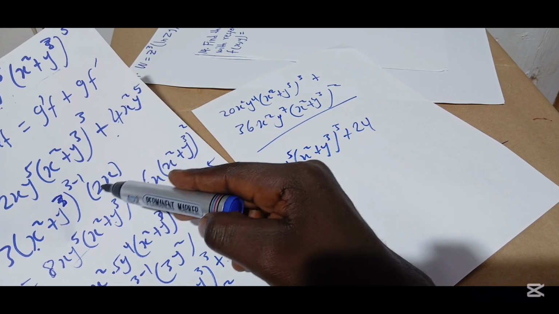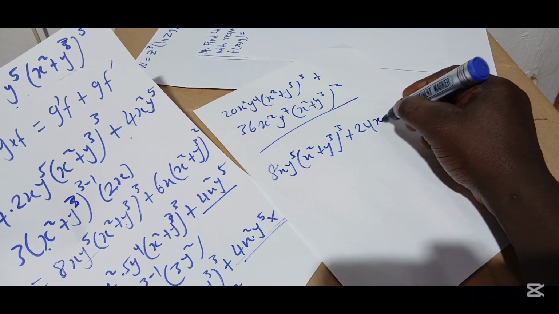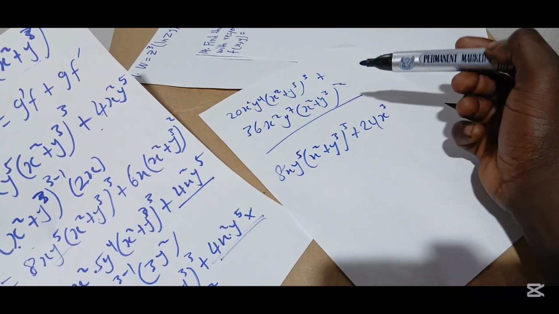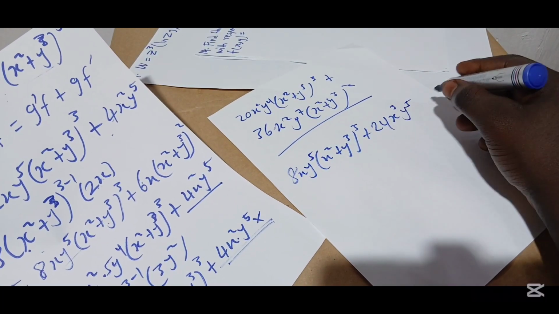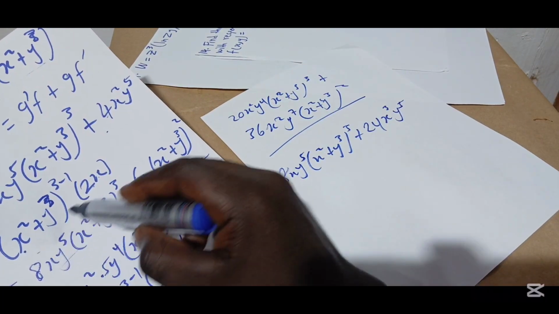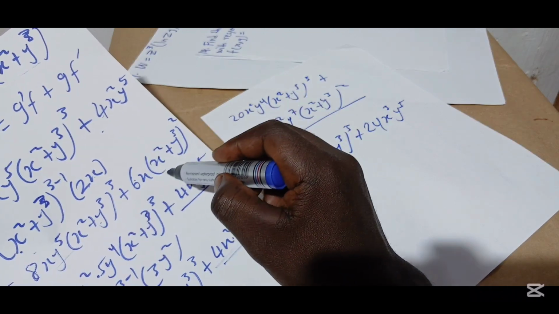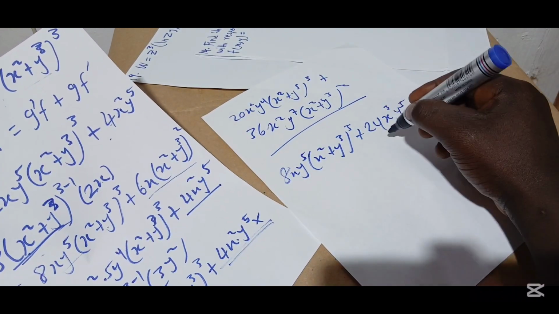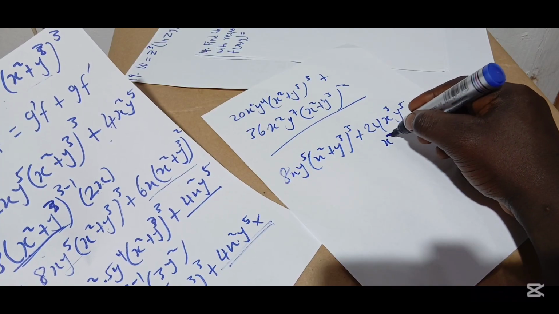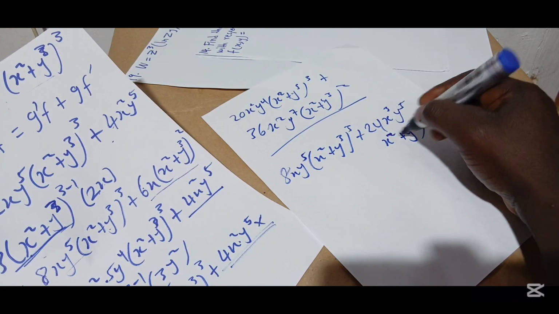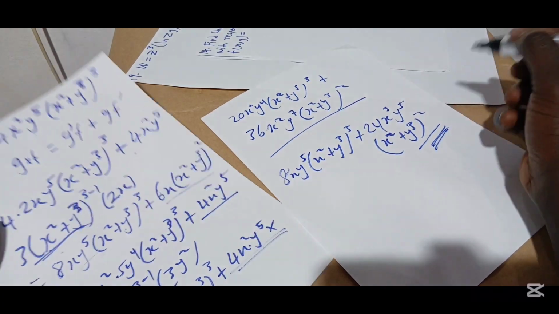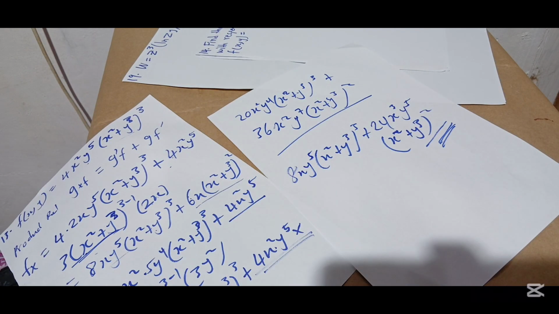We have x squared here, and then x here, giving us x to the power 3. We have y to the power 5 here, so y to the power 5. And then we now bring this term here, what is in the bracket, which is x to the power 2 plus y to the power 3. 3 decreased by 1 gives us 2. So this is supposed to be the answer for this.